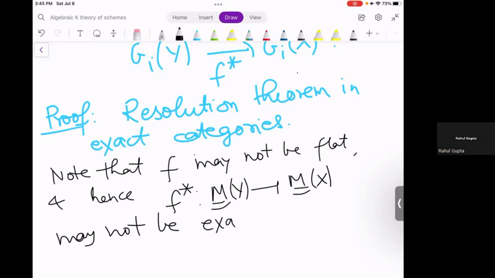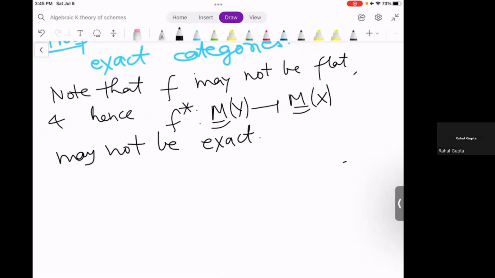Then how does this finite Tor dimension help us? How will the resolution help us?